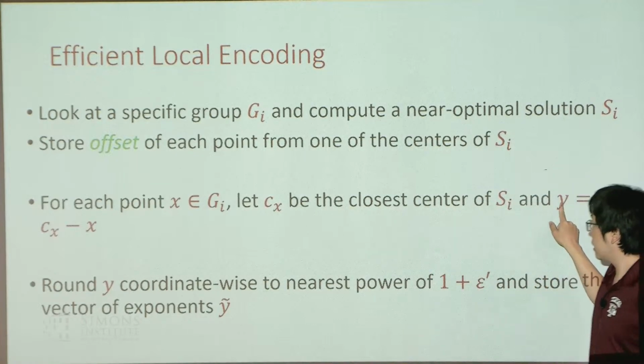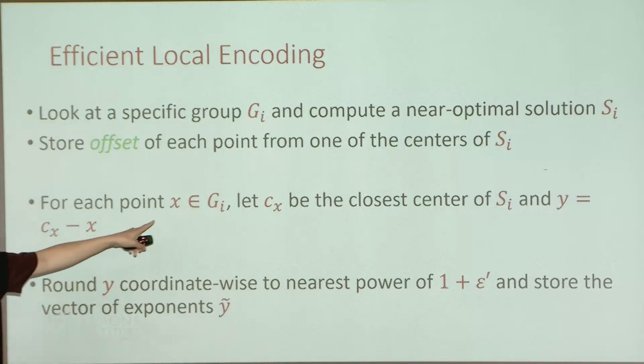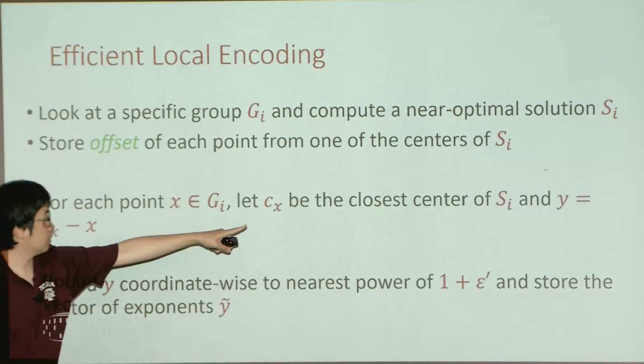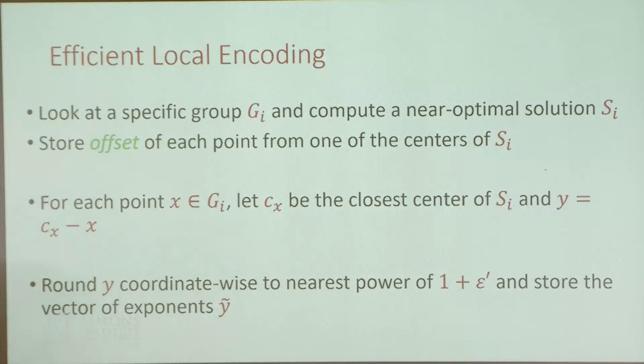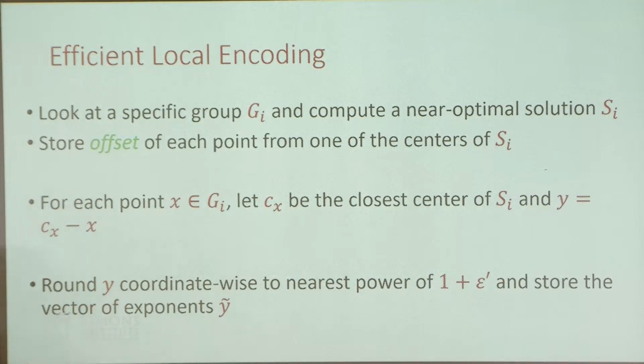The offset is this difference right here, y equals Cx minus x. And now we're going to round each coordinate of y to the nearest power of 1 plus epsilon prime, for some epsilon prime that I'll tell you about, and we're going to store the exponents of these coordinates. So it's a better encoding.